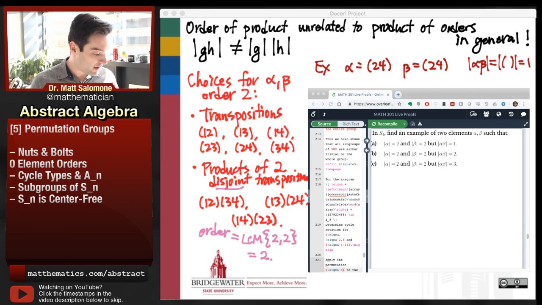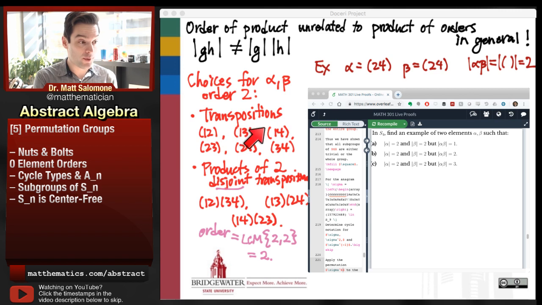So that example suffices for our first question, part A: elements of order 2 whose product has order 1. Now how do I find a product of elements of order 2 that also itself has order 2? Well, in my list, we already have some examples jumping out at us.